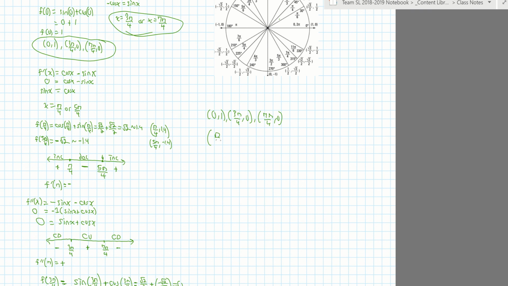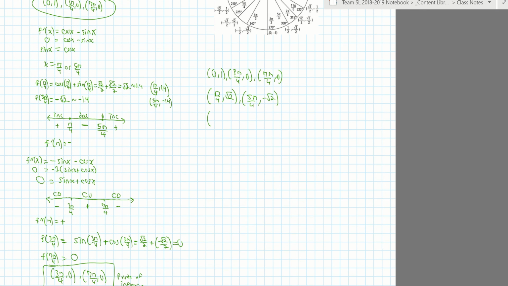So we got pi over 4, root 2, and then 5 pi over 4, negative root 2. And finally my points of inflection: 3 pi over 4, 0, and 7 pi over 4, 0.